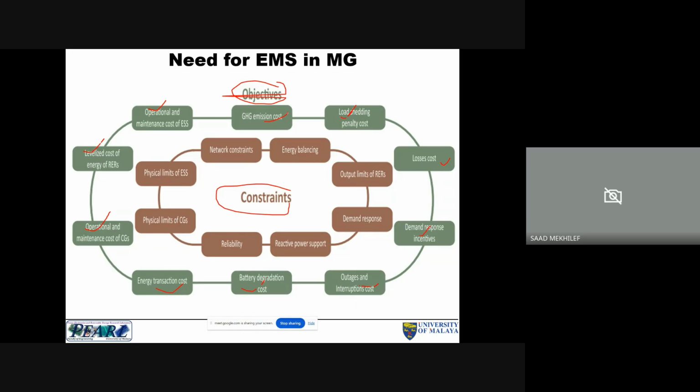So we have multiple objectives, and we also operate within constraints. I think some of them we already explained, for example, reactive power support.